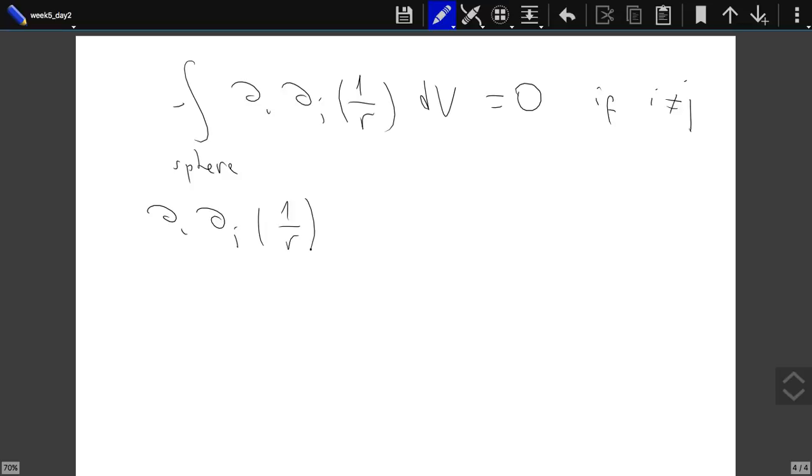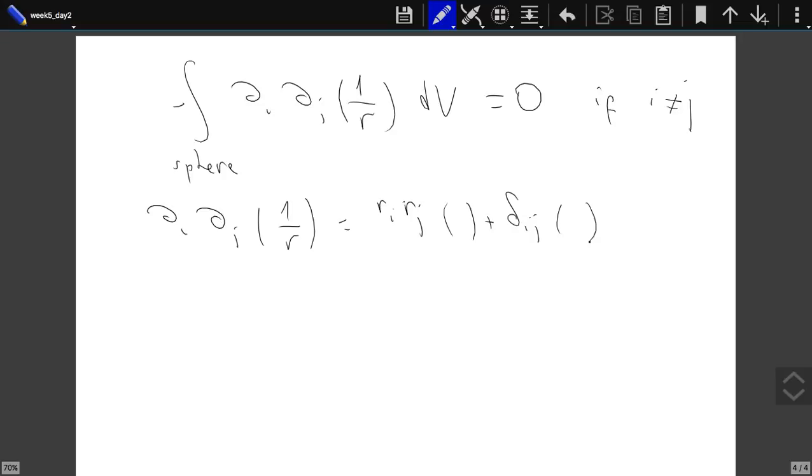Well, you see, del I, del J, if you take this derivative, what will it look like? I will have some Ri, Rj's. Some term will be proportional to Ri, Rj, multiplied with some coefficient, which will depend on R. Plus, I will have a term which is proportional to Kronecker delta Ij, with some coefficients. Well, if I is different than j, that Kronecker delta is 0 anyway.